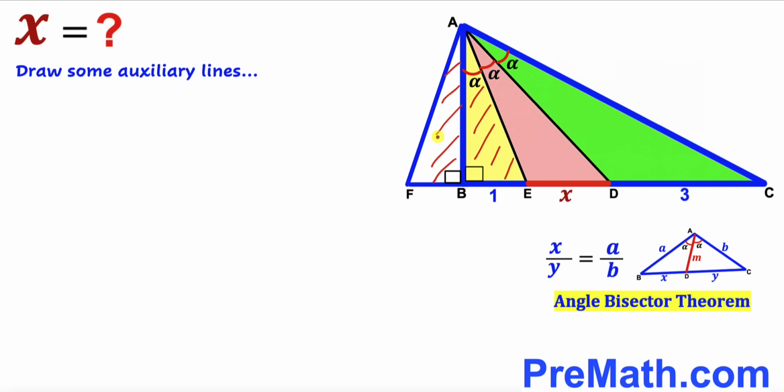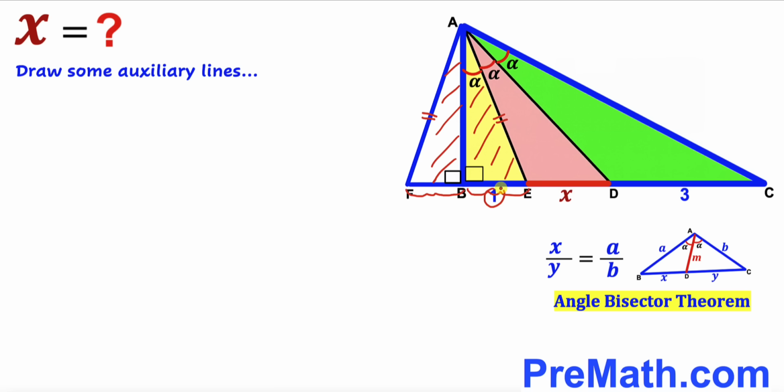And since these two triangles are congruent, this side length is going to be equal to this side length, and likewise this segment BF length is going to be equal to BE length.